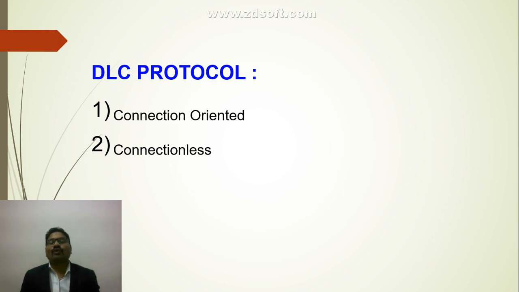That is called connection oriented, because all 5 members of the family are traveling by the same car and through a fixed route. In connectionless, those 5 members of the family want to reach the same destination, but they are going to follow different routes. Someone is going by bus, someone is taking a car, someone by aeroplane, like that. So there is no relationship between those members. They are independent of each other.